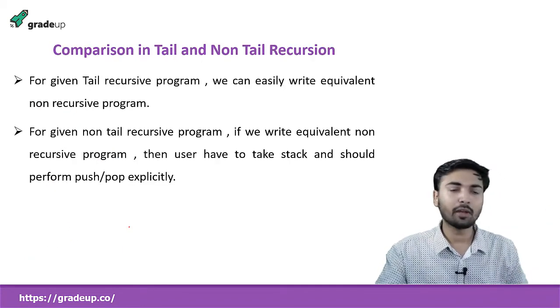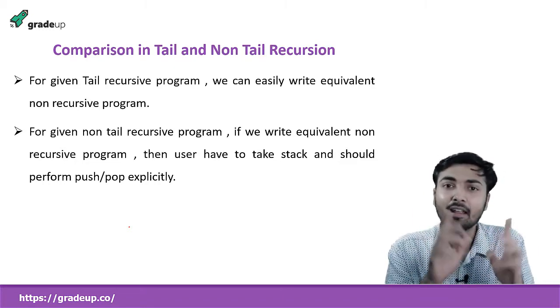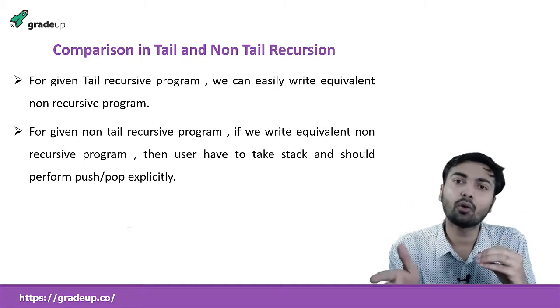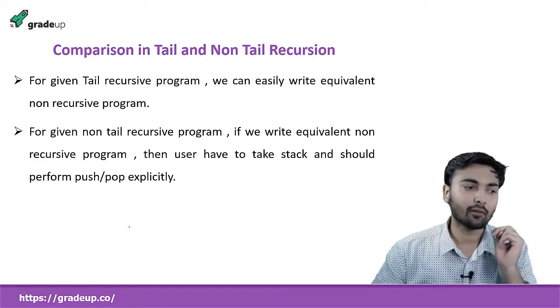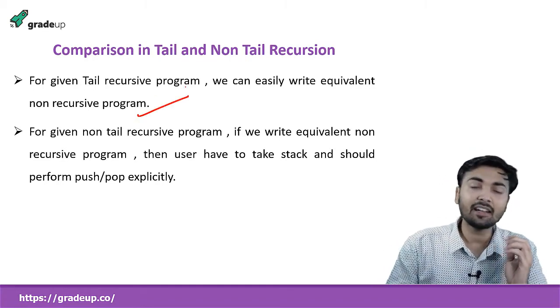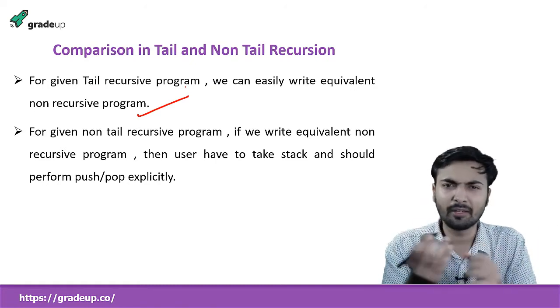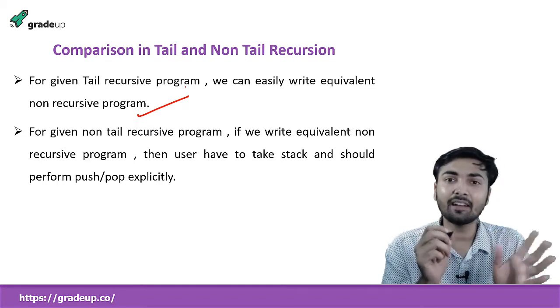Okay. So guys, we have studied two recursions up till now: tail recursion and non-tail. In tail, the recursive call is at the end. In non-tail, there are some statements below the recursive call also. Okay. So now there is some comparison between these two. See, for a given tail recursive program, we can easily write a non-recursive program. It is a very important thing. It comes very often in the GATE exam in true-false statements.